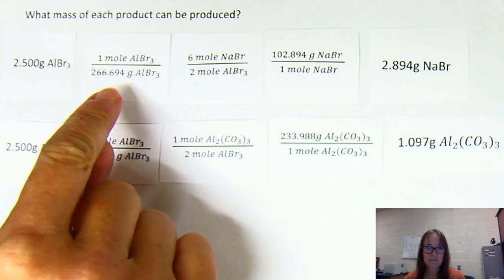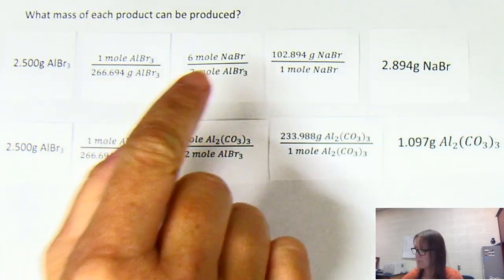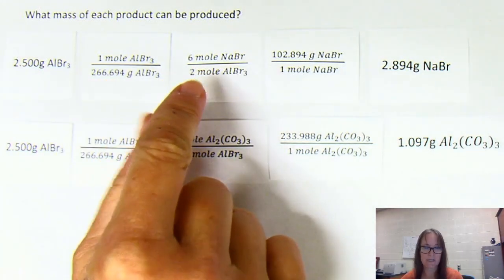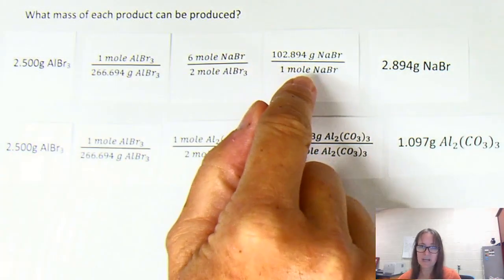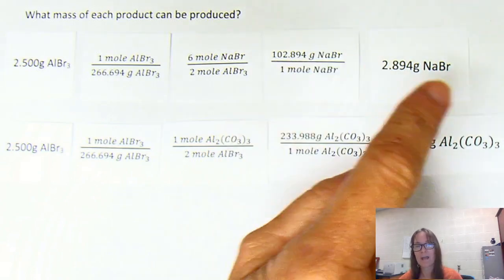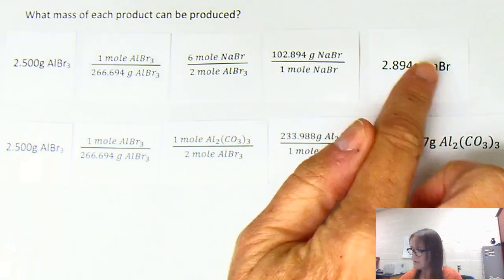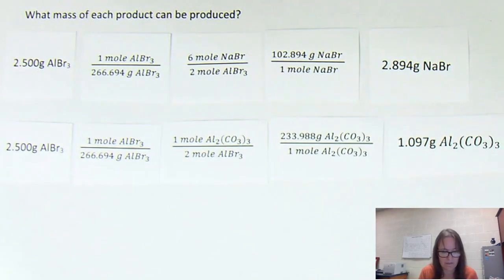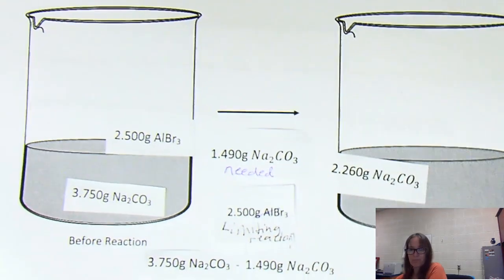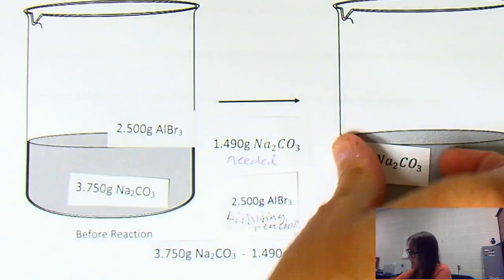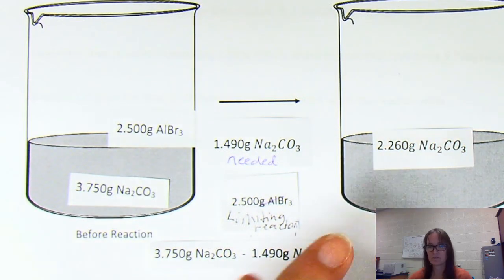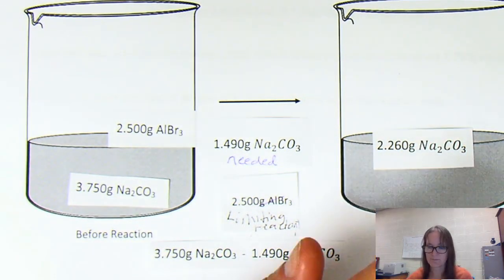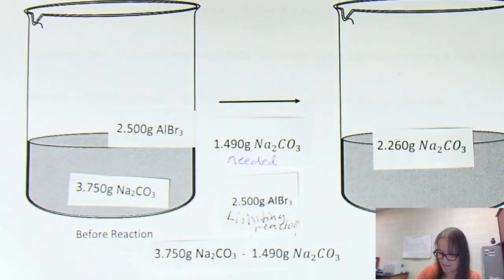Molar mass to get to moles of your starting material, mole-to-mole ratio, which are the coefficients from the balanced reaction, to convert from one substance to another, and then the molar mass of that substance so that you can figure out what the mass of that substance would be. So these two are the amounts that would theoretically be present when the reaction ends. If we bring back our before and after picture, in that container we have the 2.260 grams of sodium carbonate that remains.